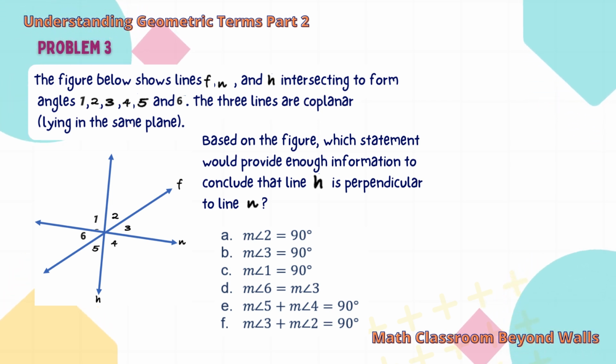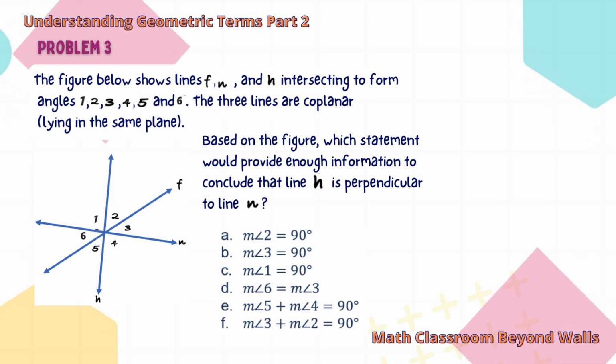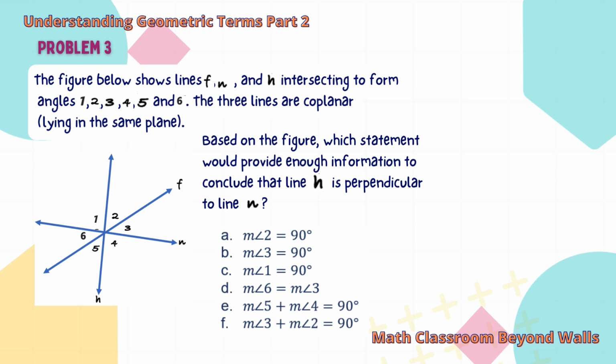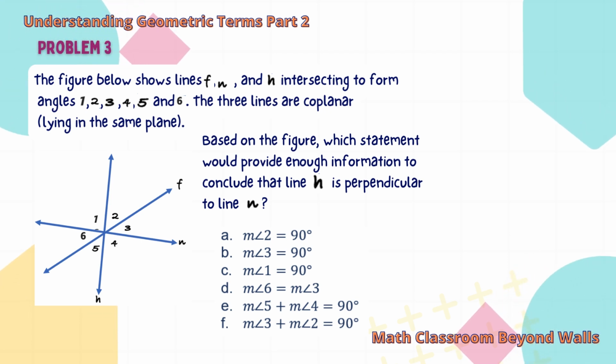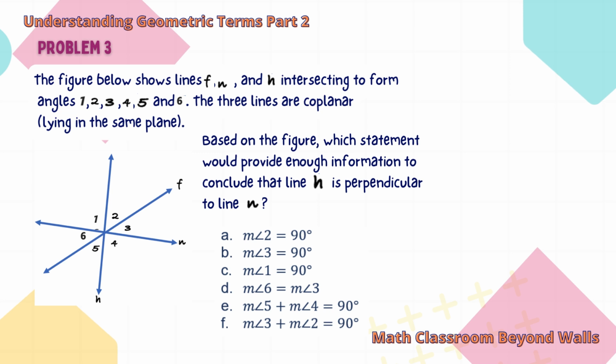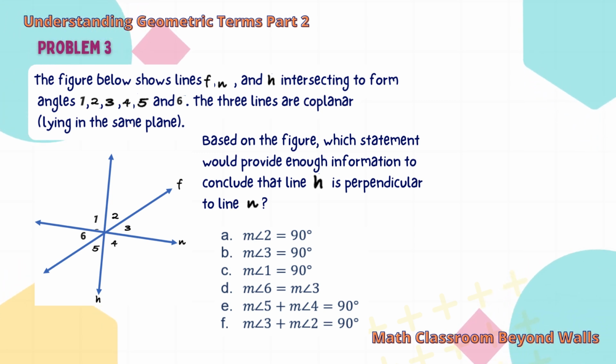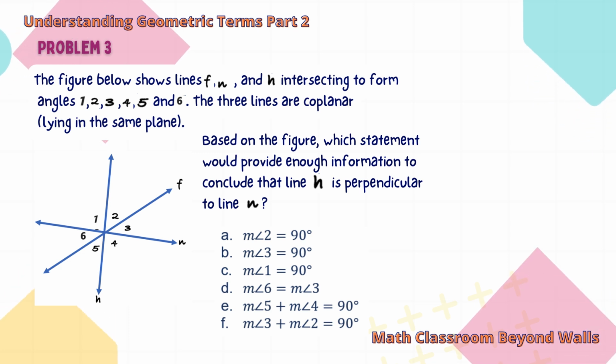A. The measure of angle 2 is 90 degrees. B. The measure of angle 3 is 90 degrees. C. The measure of angle 1 is 90 degrees. D. The measure of angle 6 is equal to the measure of angle 3. E. The measure of angle 5 plus the measure of angle 4 is equal to 90 degrees. F. The measure of angle 3 plus the measure of angle 2 is 90 degrees.